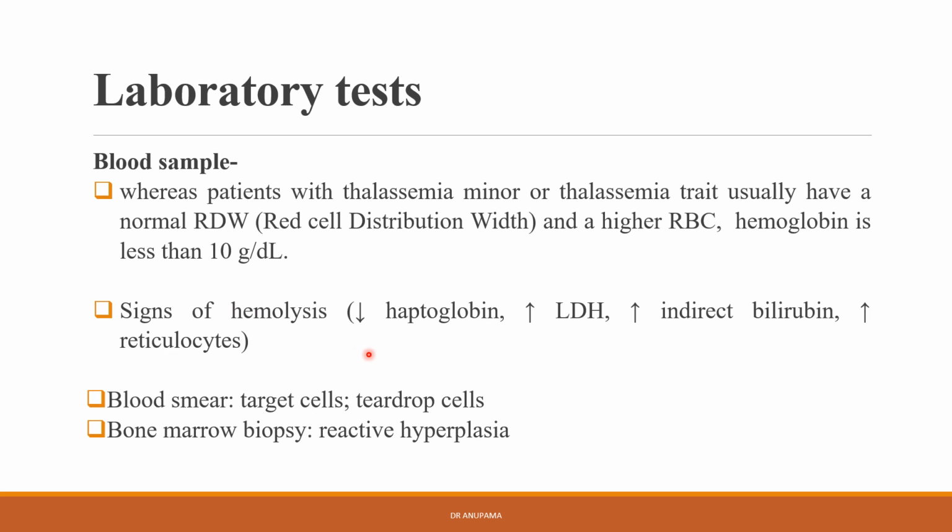Signs of hemolysis are decrease in haptoglobin, increase in LDH, that is lactate dehydrogenase, increase in indirect bilirubin, and increase in reticulocytes. All these are the signs. They can prepare a blood smear to look for target cells and teardrop cells, and a bone marrow biopsy can also be done. They get reactive hyperplasia indicating thalassemia.